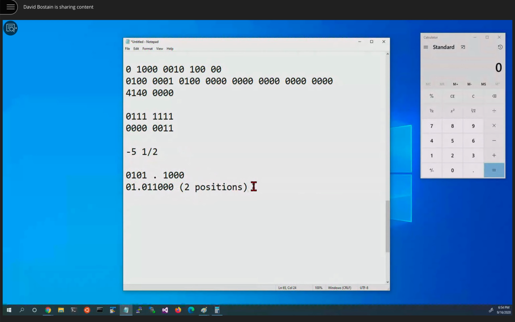Okay, so let's figure out what our exponent should be. It's going to be 127 plus 2, which is equal to 129, which after what we saw last time is you take 128 plus 1, you're still going to get 129, right? So that's easier because we know 128 looks like that. And we know that 128 plus 1 is going to look like that.